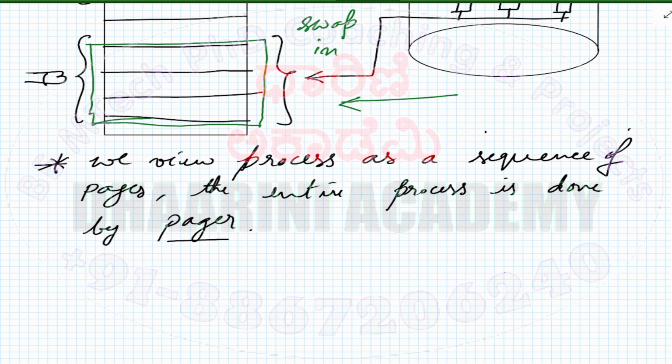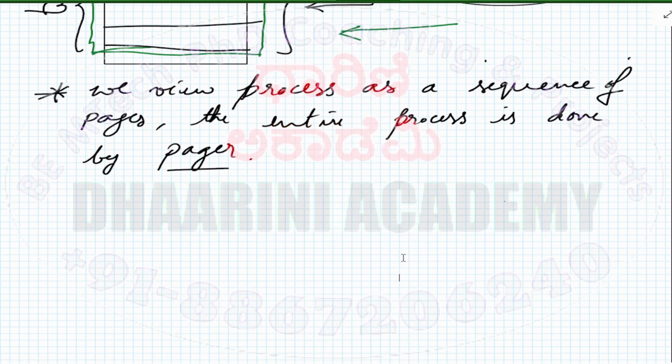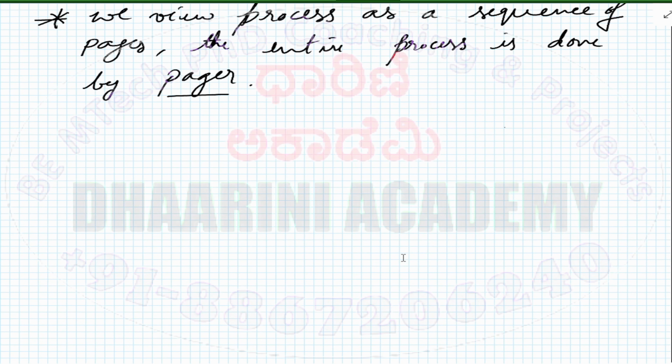So depending on that logic, the pager will do a guessing. That's the initial step. Maybe it has learned something from the previous processes which it has swapped, and now it wants to swap a similar context once again. Then it will have an idea that this is the required number of pages. So instead of swapping the whole process, the pager will bring only the necessary pages into the memory.